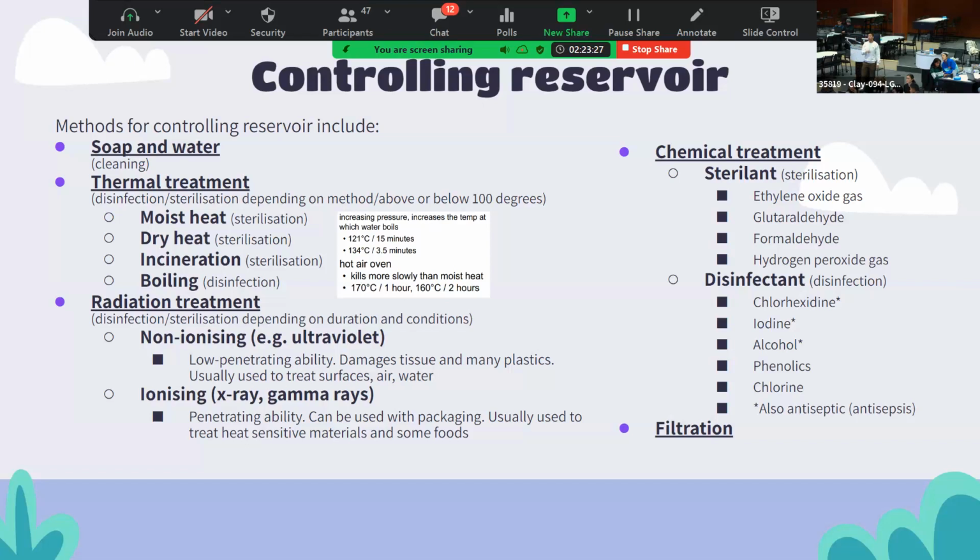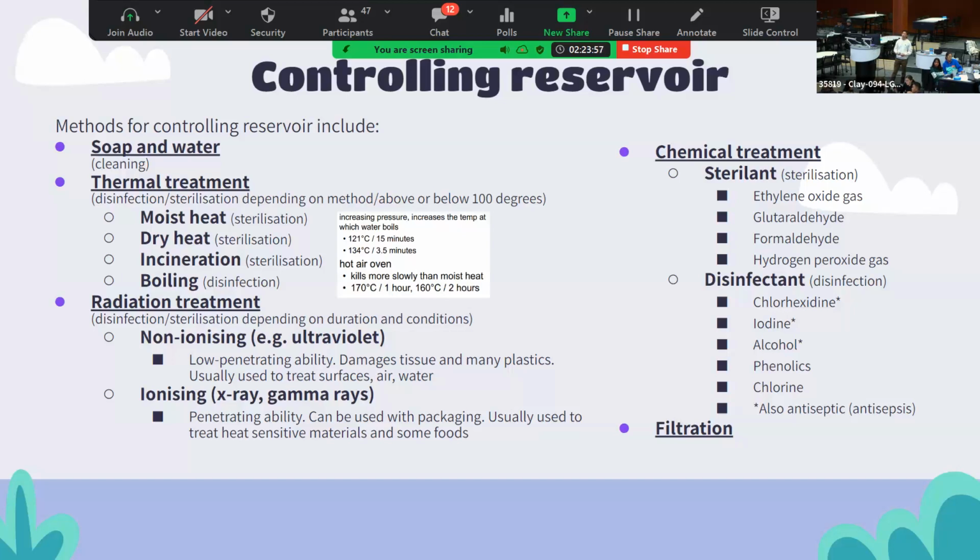So this is just a summary of all the ones covered. Soap and water cleaning, thermal treatments. Most of these are either disinfection or sterilization, depending on the chemical used or the method used. So you can see moist heat and dry heat. They're a form of sterilization. Moist heat is much quicker because it uses pressurized water.